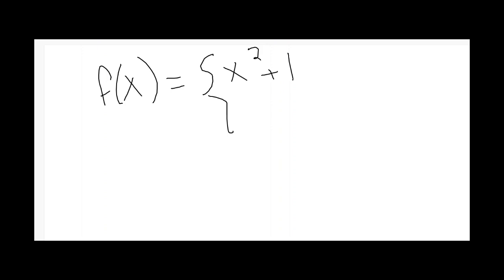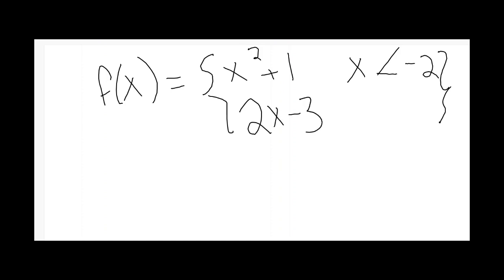A piecewise function is a function that is defined in pieces, with each piece defined for a particular portion of the domain. So, for example, let me create a piecewise function real quick. We have f of x is equal to x squared plus 1 when x is less than 2, and then another portion of our piecewise function is 2x minus 3 when x is equal to or greater than negative 2.